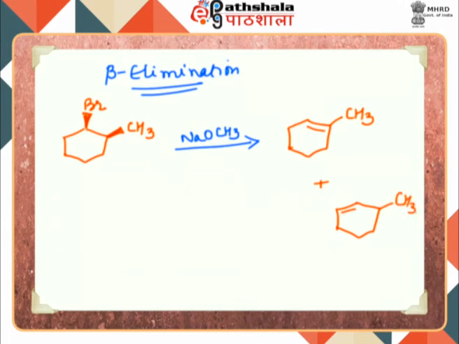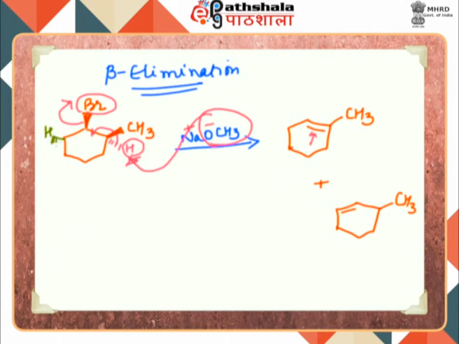and this can be explained by the fact that here the OCH3 minus will act as a base and it is going to take out this hydrogen which is positioned anti to the Br. It will take this out, and as a result it will lead to the elimination of Br minus. So we get the double bond at this position. Why is this hydrogen preferred and why not the other hydrogen here?